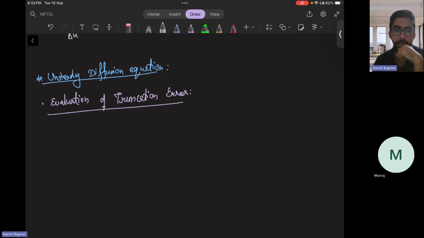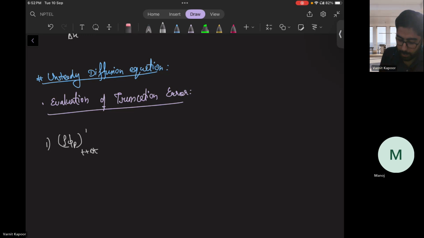Let me write all these terms. First thing, rho phi p at 1, that is t plus delta t, and rho phi p at naught, that is t, represented by cell-centered values.